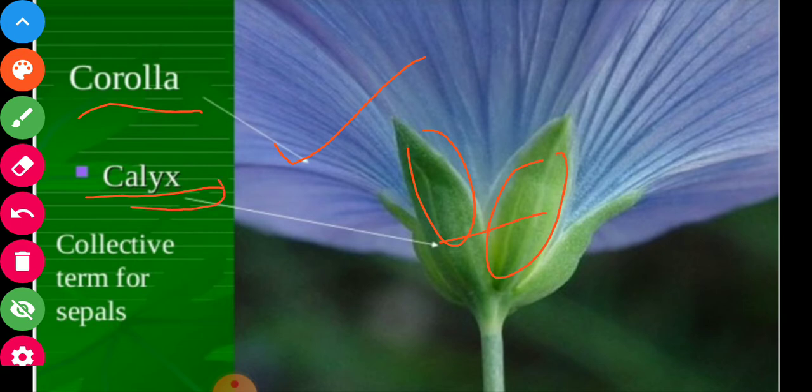And calyx is a collective term that is used for sepals. Collectively the petals are called corolla.